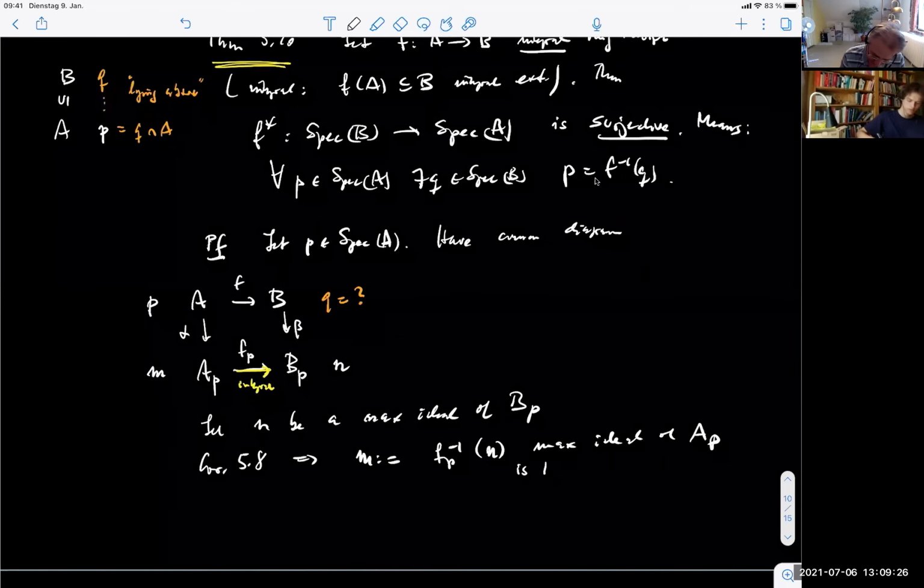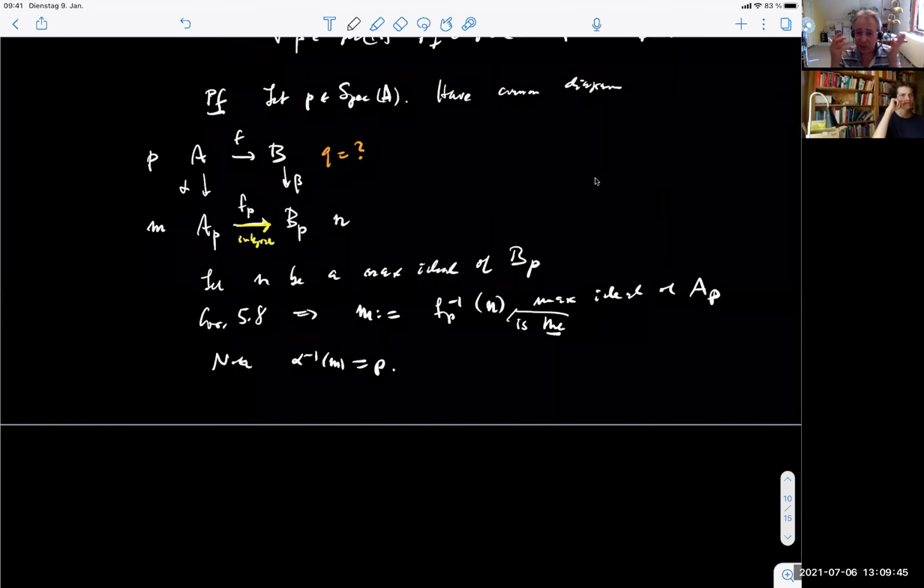Maybe I can write it is the maximal ideal. It's unique. So I have this picture. I note maybe also if I pull back the M, I get P, of course.